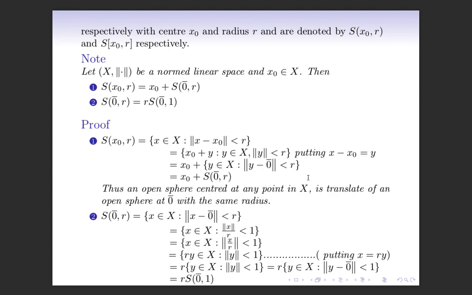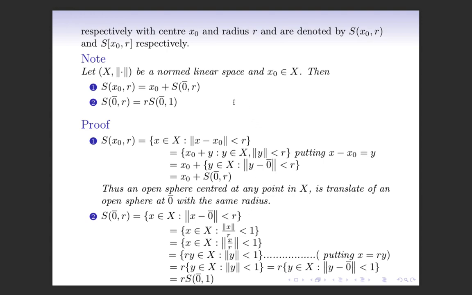And by definition of open sphere, we can write it as x naught plus open sphere with center 0 vector and radius r. Thus, an open sphere centered at any point in X is a translate of an open sphere at center 0 vector with the same radius.